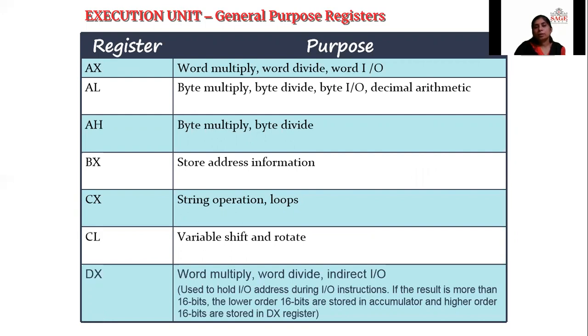The function of AX is word multiply, word divide, word input output. AL: byte multiply, byte divide. AH: byte multiply and byte divide.